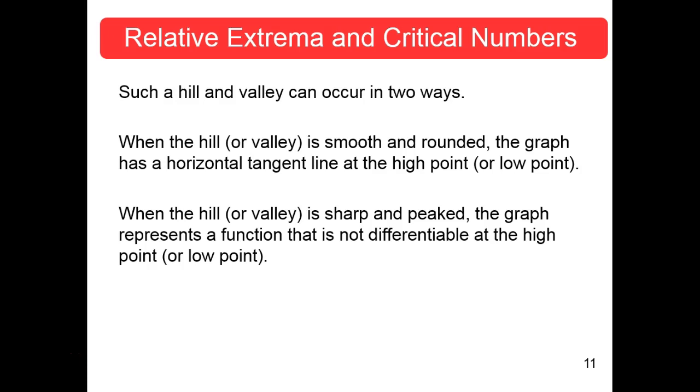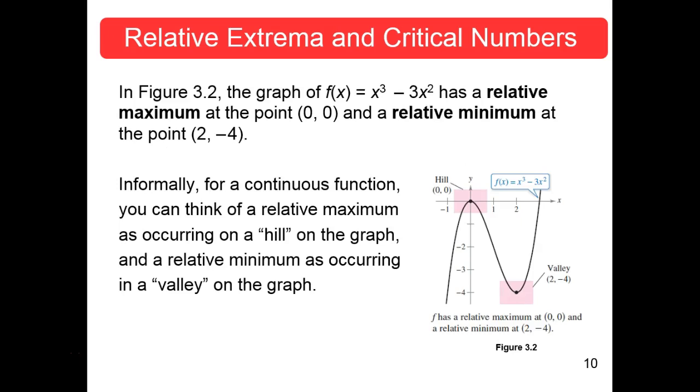Such hills and valleys can occur in two ways. When a hill or a valley is smooth and rounded, the graph has a horizontal tangent at that high point or low point. Let's think about that. Let's think about the tangent line here. It's pretty steep here, right? But then the closer you get to that hill, the relative maximum, your tangent line is decreasing until, as long as it's smooth, at this point it goes to 0.